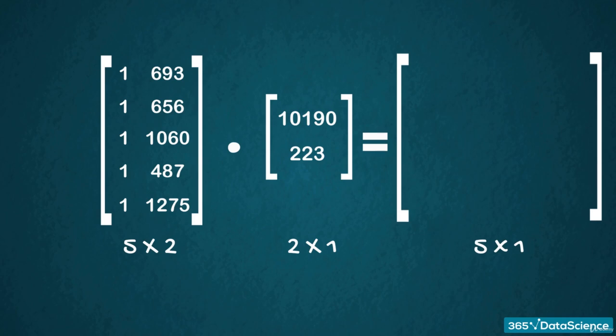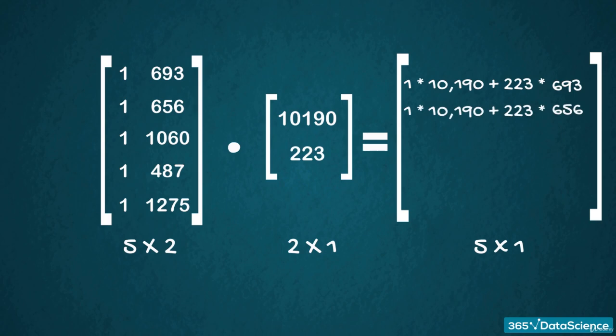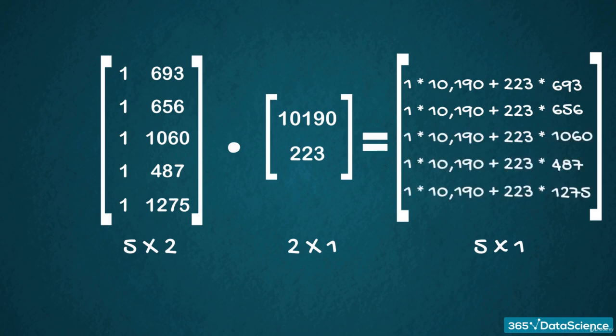The first element will be equal to 1 times 10,190 plus 693 times 223. The second one, 1 times 10,190 plus 656 times 223, and so on.